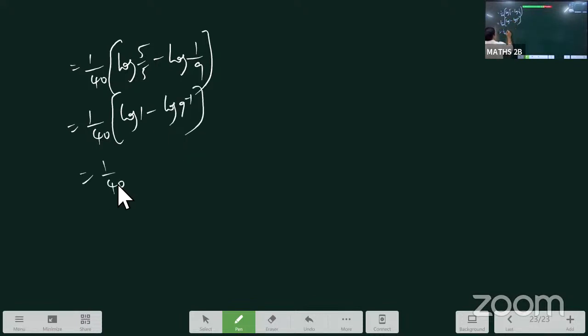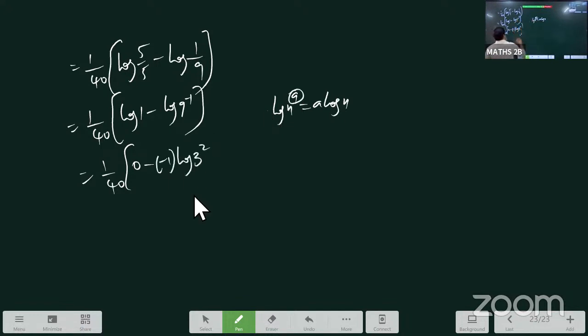So 1 by 40, log 1 is 0 minus inverse. You bring it according to log properties: log x power a is a log x. This a will come as coefficient. So in this case, your minus 1 log 9, I will write it as 3 square. So 1 by 40, minus into minus plus log 3 square.